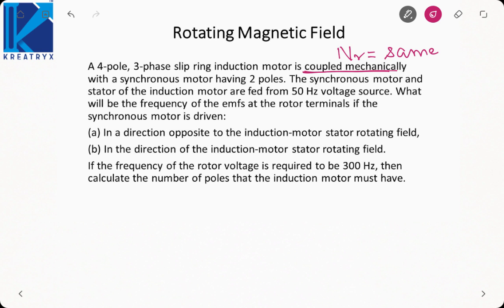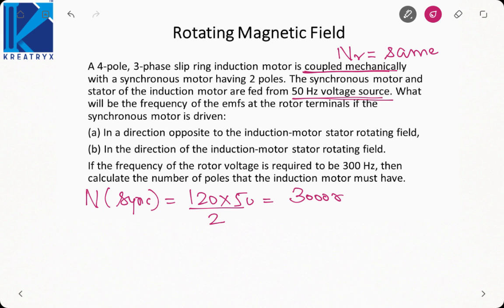Now we know whenever we have a synchronous machine, it will have a fixed speed, that is 120 F by P. So what is the speed of synchronous motor? It is 120 into 50, because it is saying 50 Hertz voltage source, by 2. That is 3000 RPM.